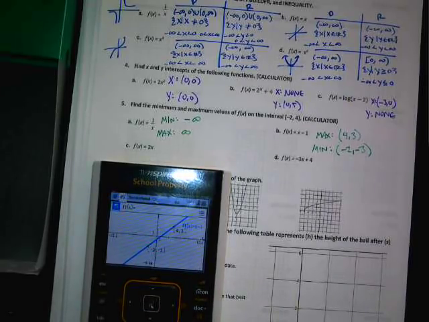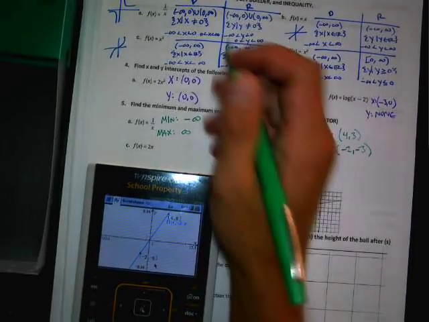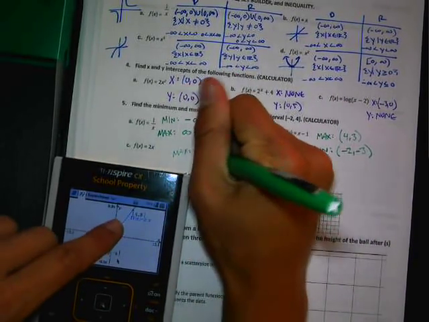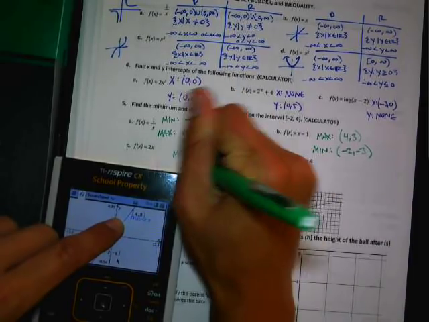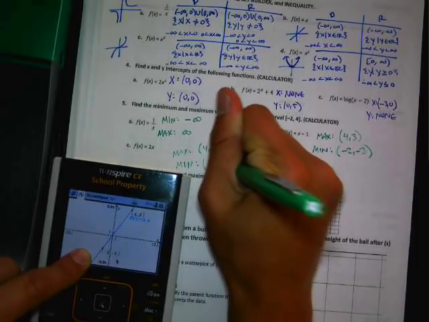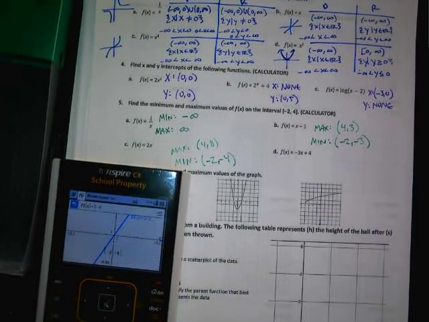Okay, let's try the next one, 2x. All right, max is the higher point. So max here is at 4, 8. Min here is at -2, -4. And press tab.